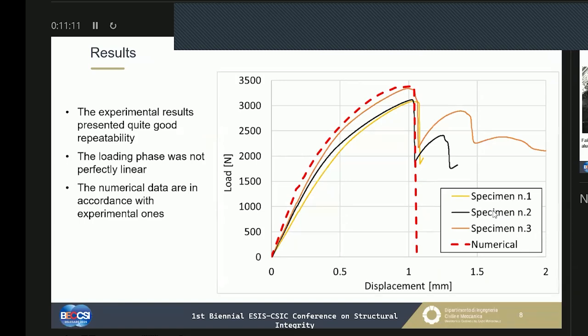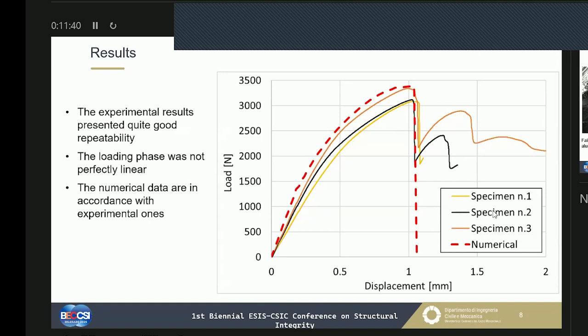Concerning the results from the 3-point bending test, we tested 3 specimens, and we can observe quite good repeatability. Each specimen presented the same trend, composed of a first linear load increase, followed by a gradual decrease in the stiffness, so the slope of this curve.